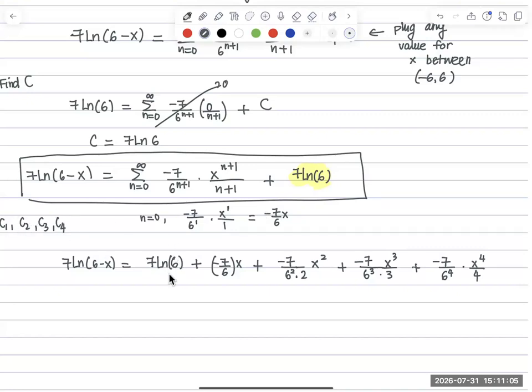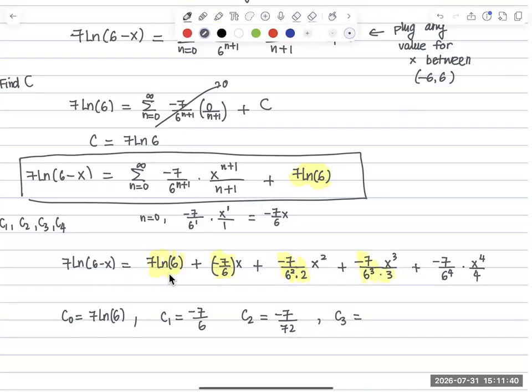So we have C0 right here. This is my C0. So C0 is 7 ln 6. And where's my C1? My C1 is -7/6. And where's my C2? My C2 is right here. So C2 is -7/6 squared times 2, so 72. And C3 is this.